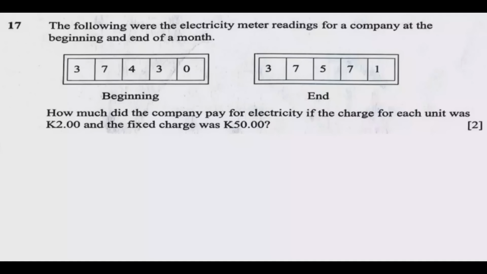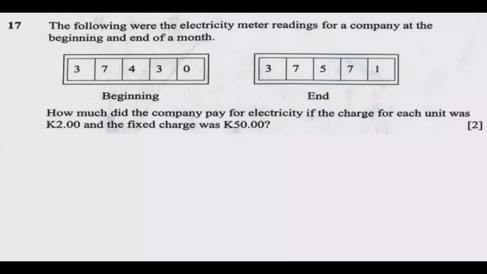So at the beginning we had this reading, and at the end we had the reading on the right side. So the actual question is, how much did the company pay for electricity if the charge for each unit was 2 kwacha? How much did they pay?